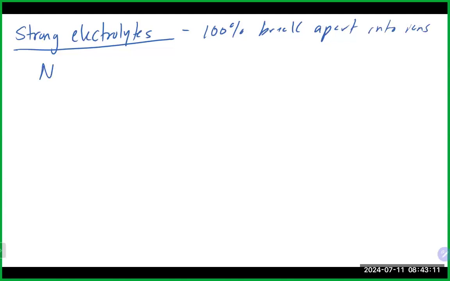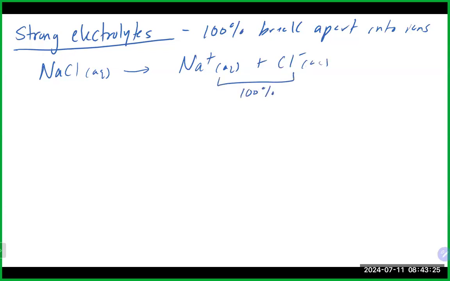So for example, if you had a sodium chloride solution, what you really have in that beaker is 100% sodium ions floating around, chloride ions floating around inside that beaker. Pretty much that's all you have floating around in there.